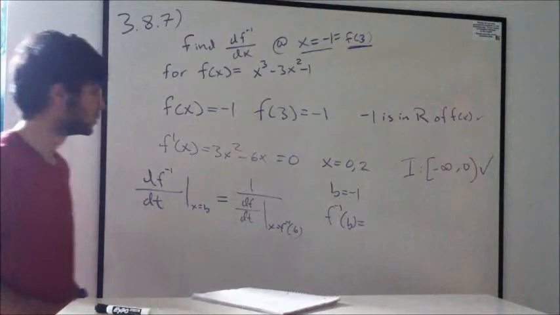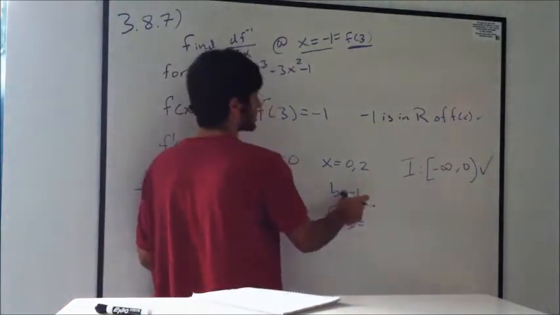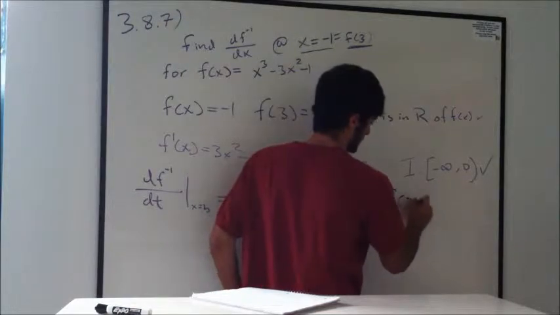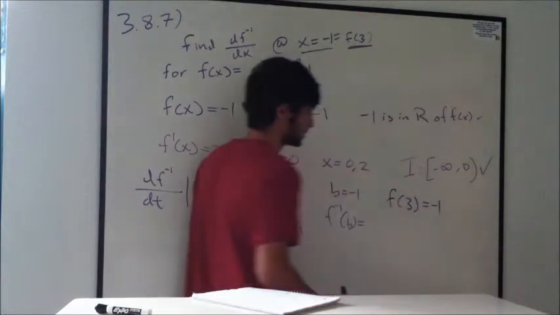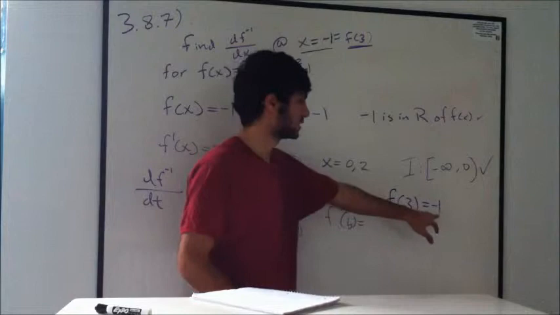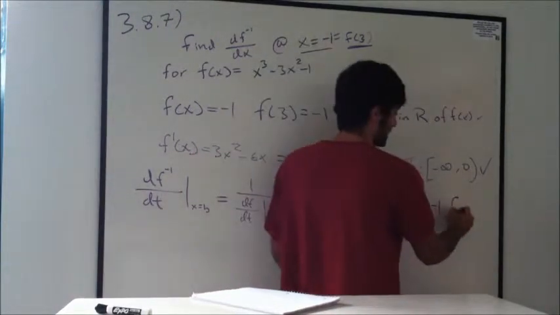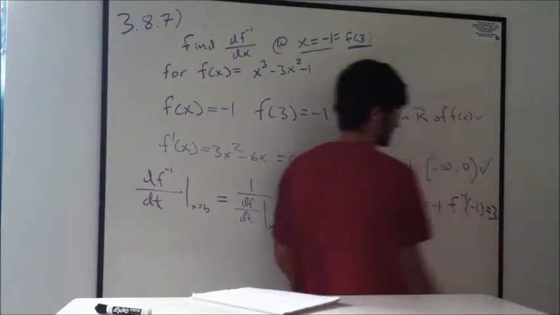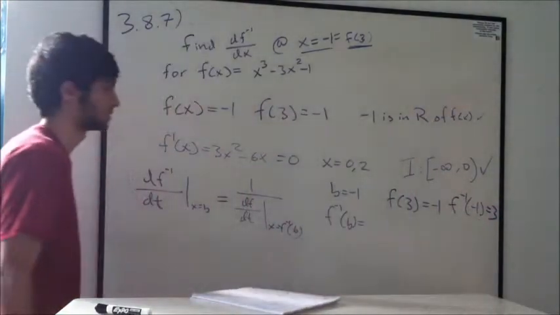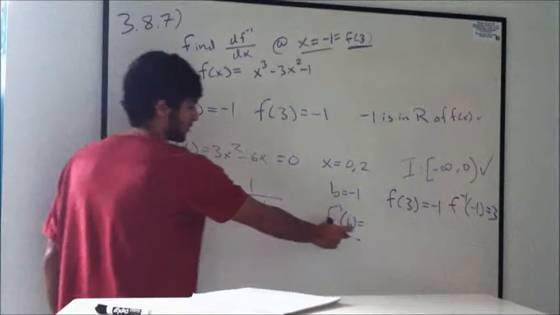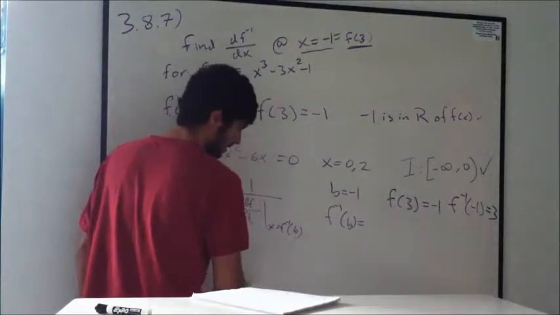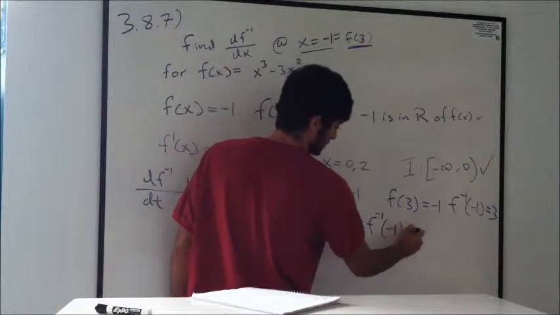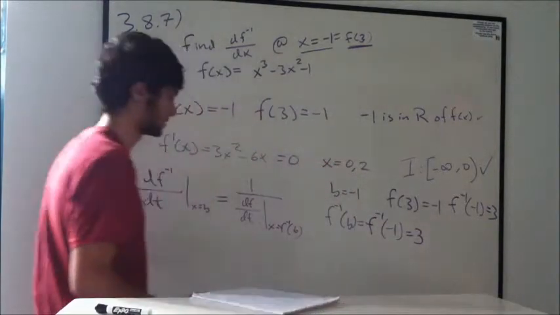Well, we know that b equals negative 1, and we know that f of 3 equals negative 1. So if f of 3 equals negative 1, then we can say that f inverse of negative 1 equals 3. So f inverse of our b equals f inverse of negative 1, which equals 3.